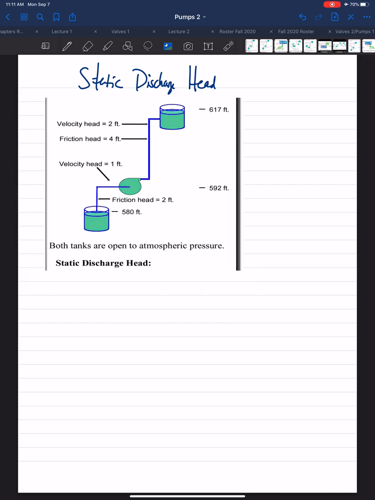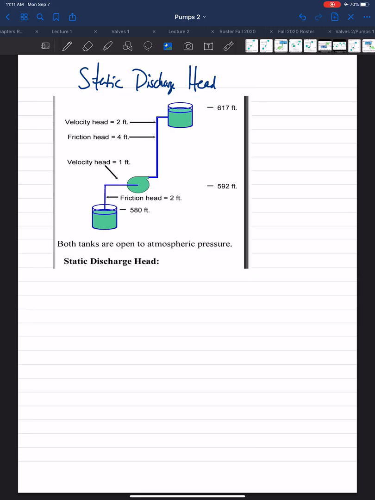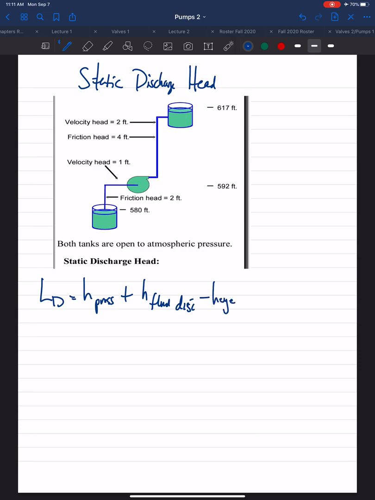So let's do an example. Calculate the static discharge head for this system right here. And once again, now we're talking about this discharge side of the pump. So once again, both tanks are open to atmospheric pressure.